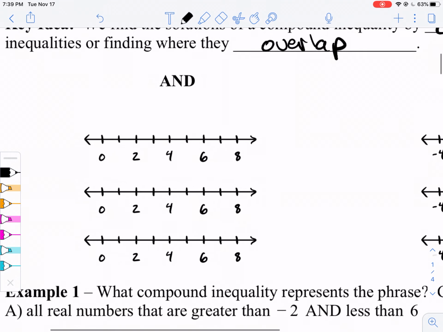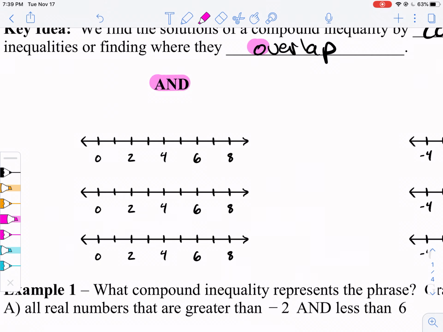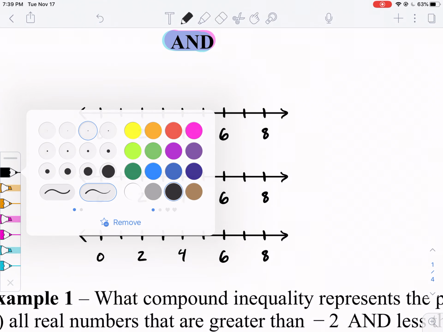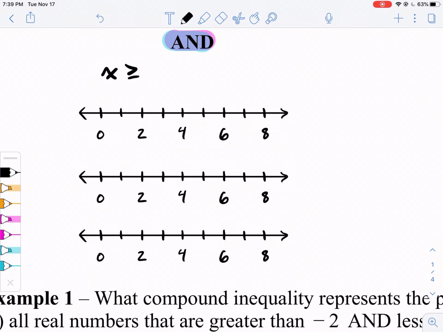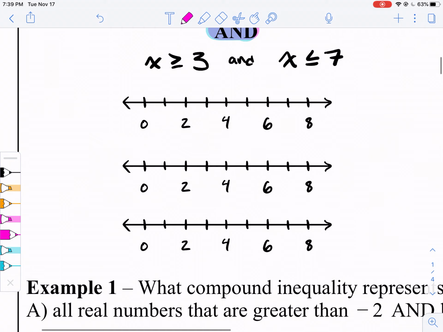Okay, so "and" is going to be your overlap word. Whenever you see "and," that's where two different inequalities are going to overlap, right? So if we had solutions like x is greater than or equal to 3 and x is less than or equal to 7, we want to find out, okay, where do these guys overlap? So first, how would you graph x is greater than or equal to 3?